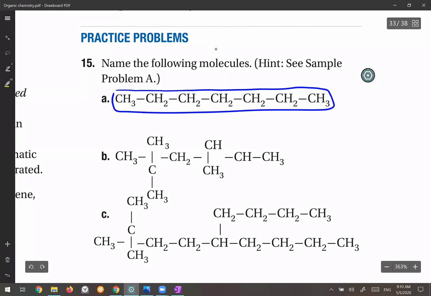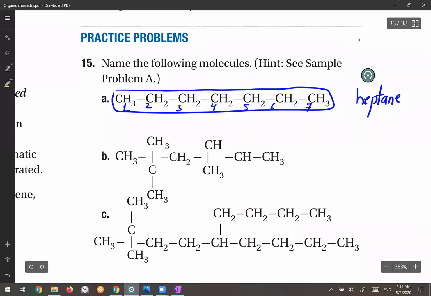So when you have a straight chain of the hydrocarbon, you only need to count the number of the carbons that you have here. We have 1, 2, 3, 4, 5, 6, 7 carbons. And alkane with the 7 carbons is heptane, because hepta means 7 and this is alkane, so it becomes heptane.